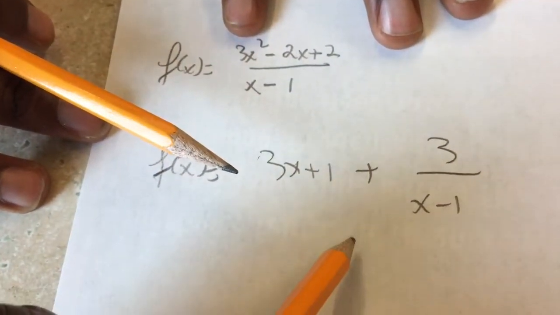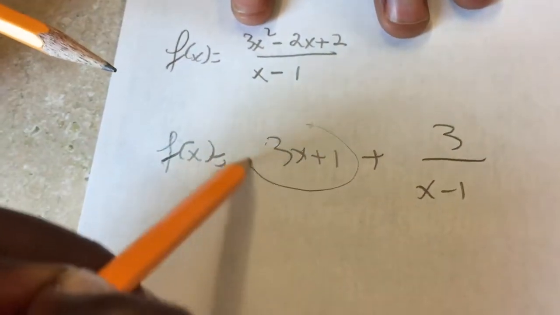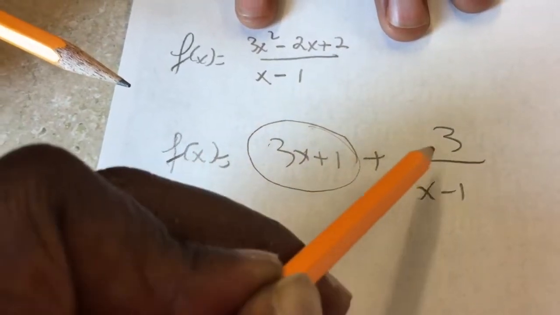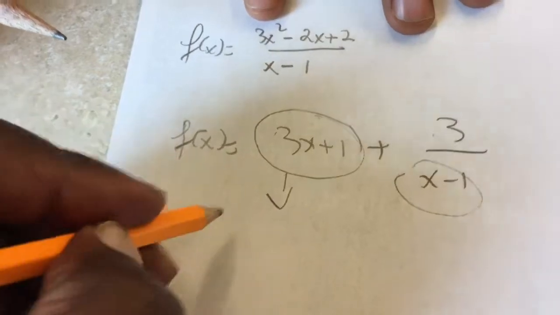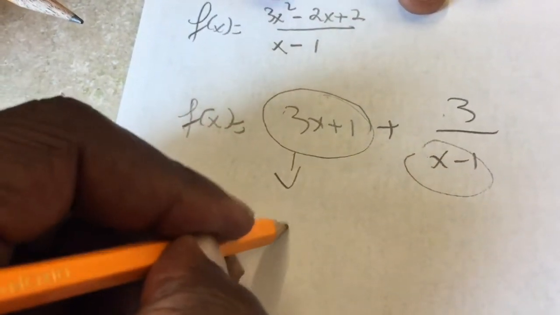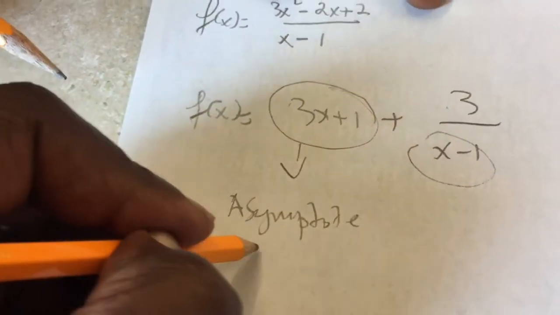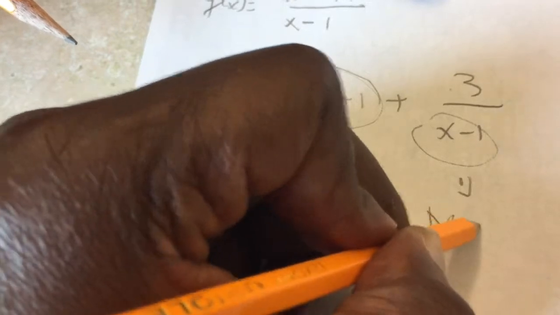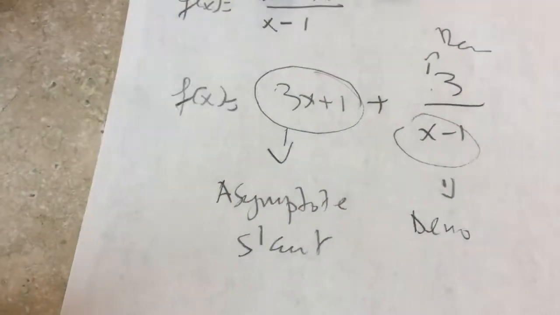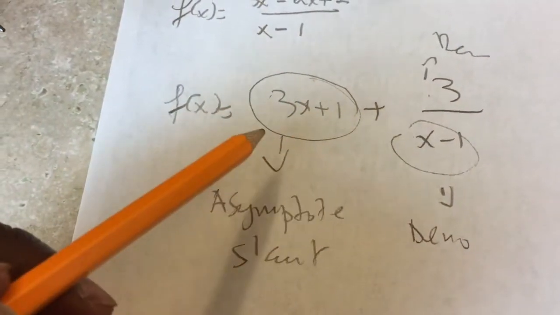So this is your slant asymptote, this is your remainder, and this is your denominator. So this is how you break down the function once you're done.